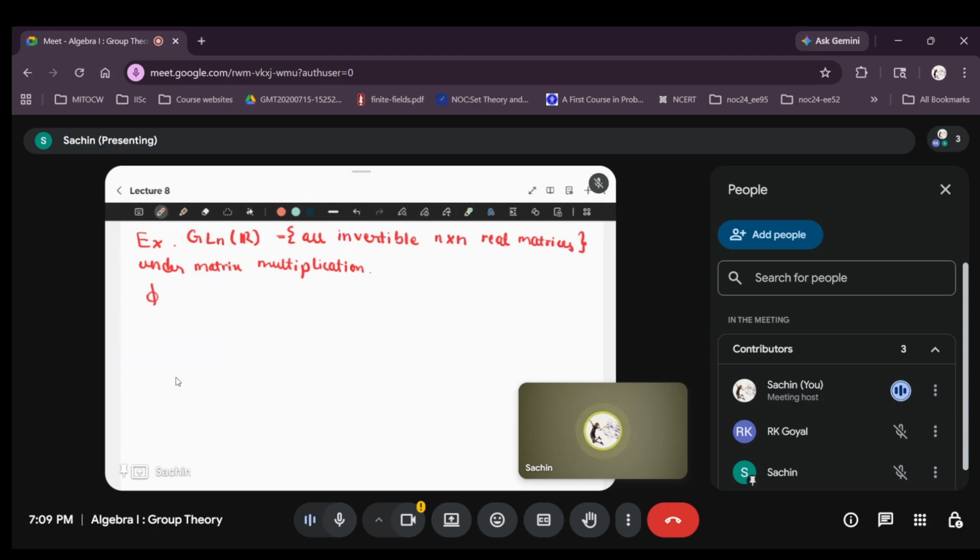We'll define the homomorphism phi from GL_n of R to the group of non-zero real numbers under multiplication.